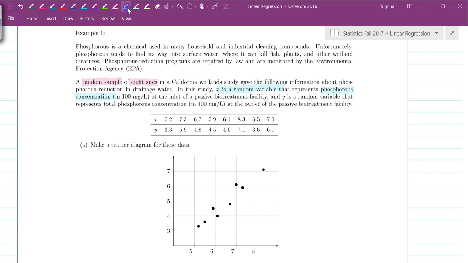And then Y is a random variable that represents the total phosphorus concentration at the outlet of the passive biotreatment facility. And right here we have our data, okay? So here's what we measured for X, and here's what we measured for Y.